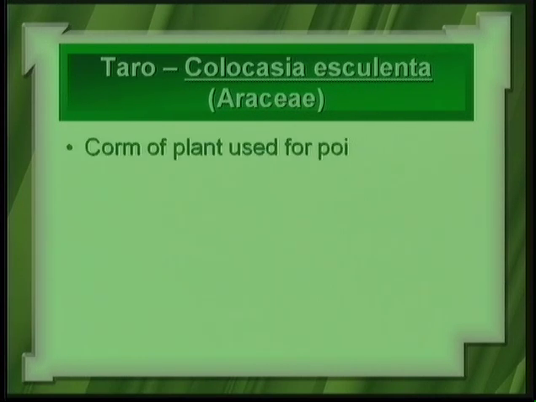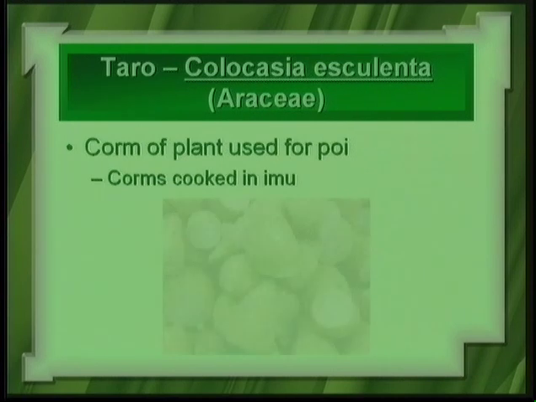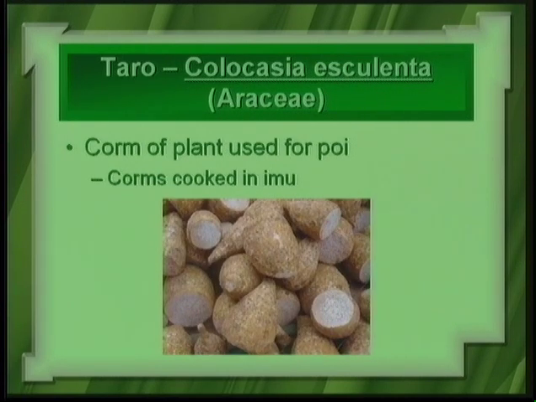Anyway, so the corm of the plant is the part used for poi. First of all, you cook the corm in an underground oven called an imu. Nowadays people tend to steam it, or bake it or something like that, right? Generally you have to cook it for a long time, because all parts of the plant have calcium oxalate crystals in them. If you eat raw kalo corm, or raw taro leaves, or ones that haven't been cooked enough, you'll feel a stinging sensation.